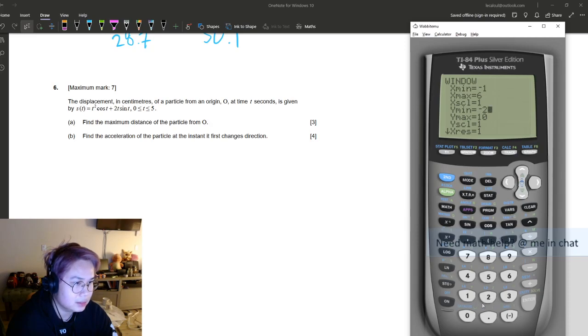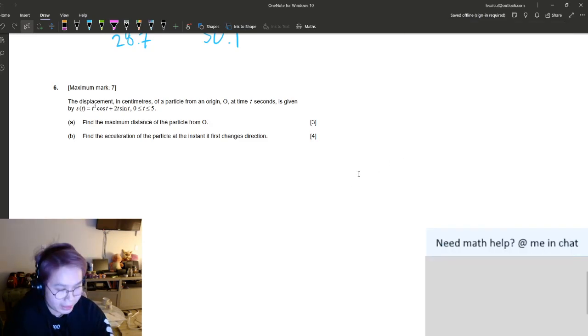Let's do 20. And we'll graph it. Okay, so here's the general shape of our graph.